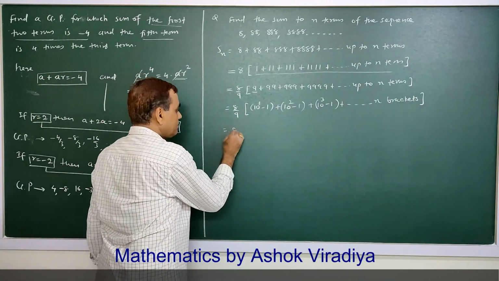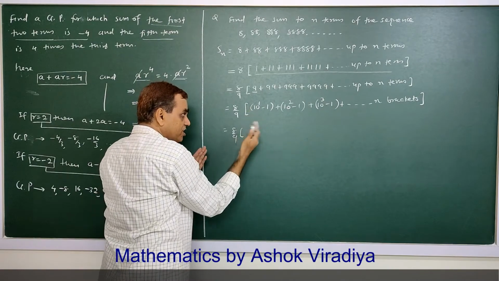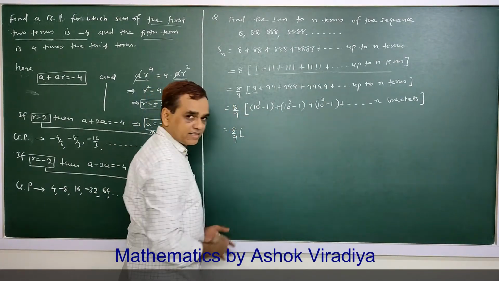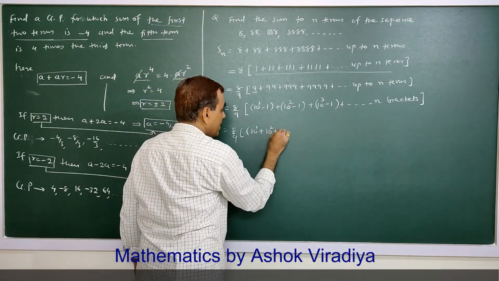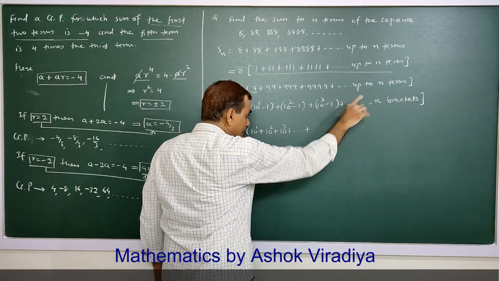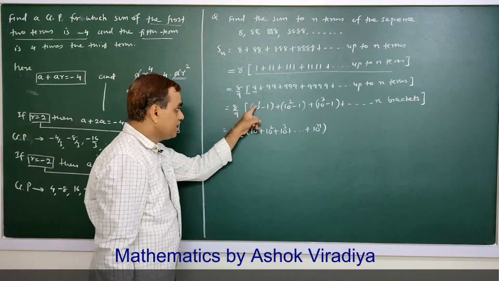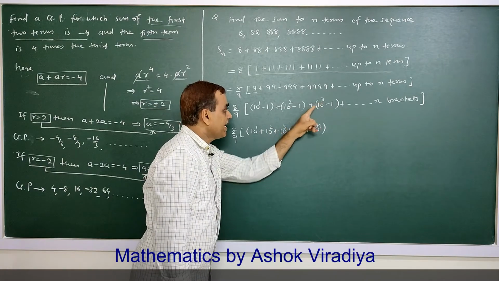Now, from every bracket, I am separating the first term and then separating 1, 1, 1 in the other bracket. So in the first group, 10 raised to 1, 10 square, 10 cube, up to, in the nth bracket there will be 10 raised to n. This is the first term, this is the second term, third bracket, third term.